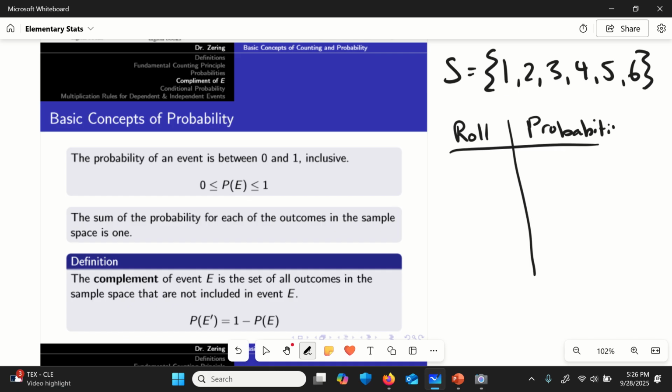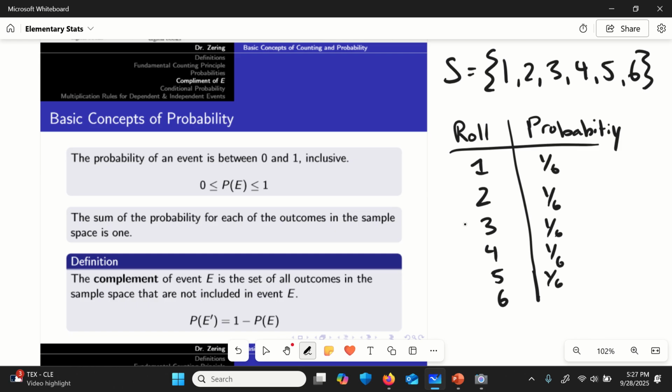So the probability of rolling a 1 is 1/6, because there's one way to roll a 1 out of 6 total outcomes, and this is a classical approach. For 2, 3, 4, 5, and 6, in fact, the probability is 1/6 for each of these.